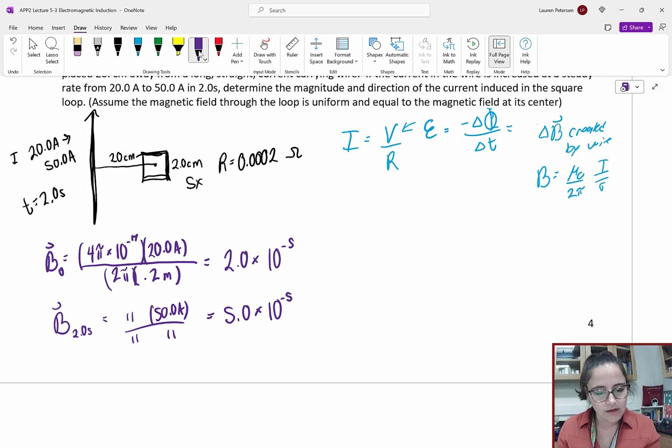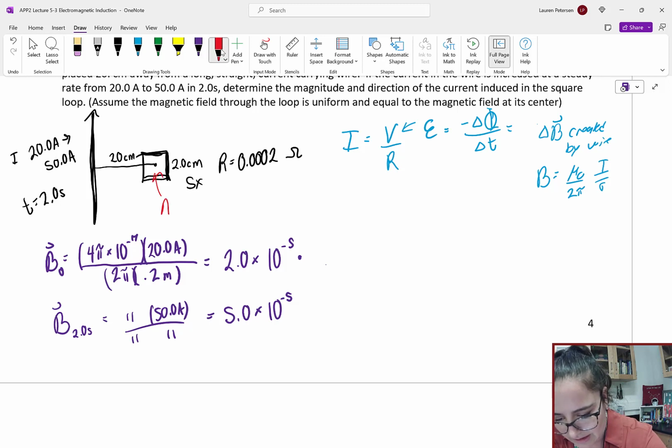So we can use that to calculate our change in flux, or we can use that to calculate our flux. So then the flux at this time, flux is that times the area. So the area of that square is 2 centimeters squared. So 0.02 squared, which is 4 times 10 to the negative 4 square meters.